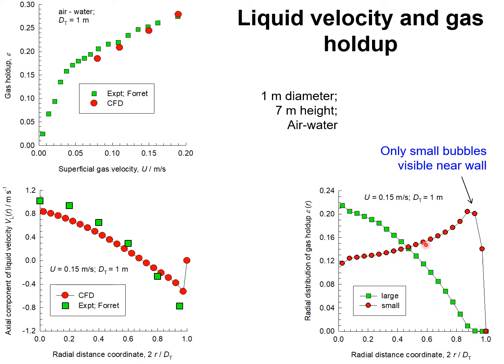And we see that near the wall, we have a high proportion of small bubbles and practically no large bubbles. And at the center of the column, we have a very high proportion of large bubbles, and this proportion decreases to practically zero near the walls.